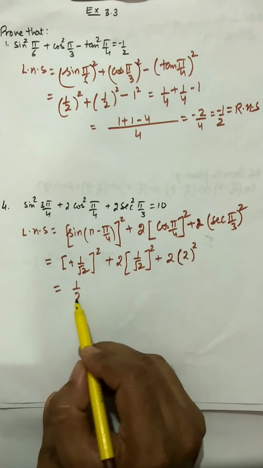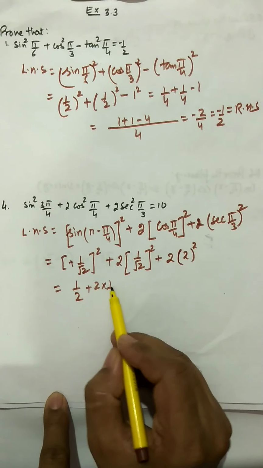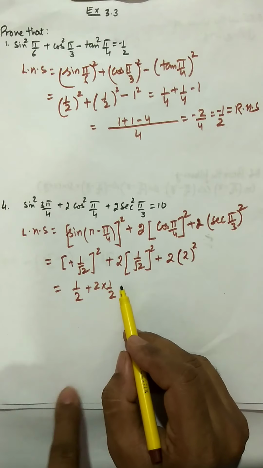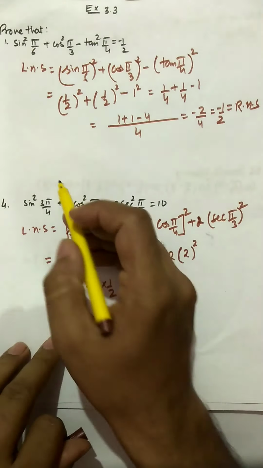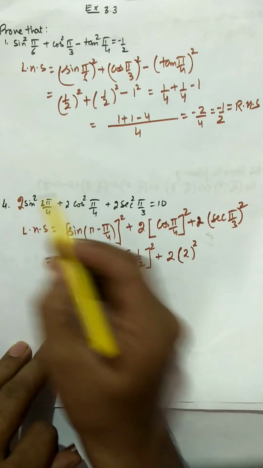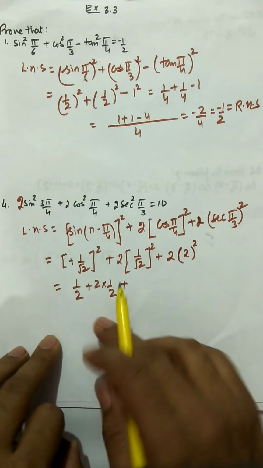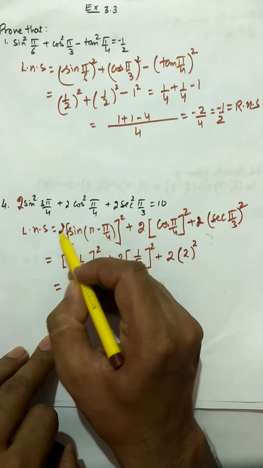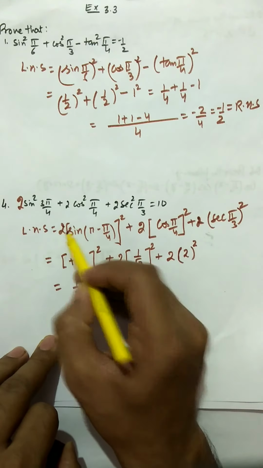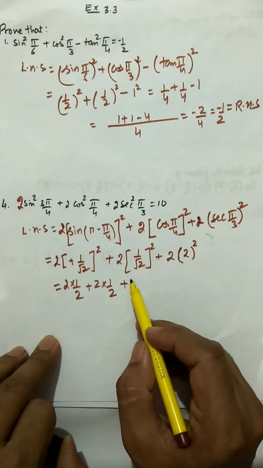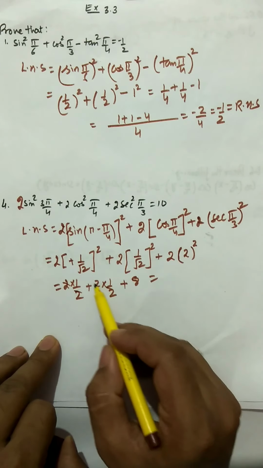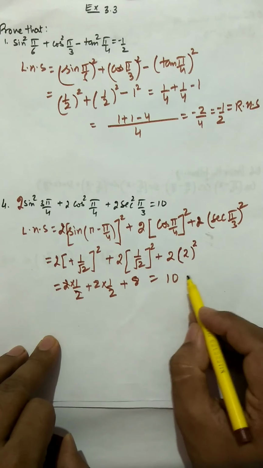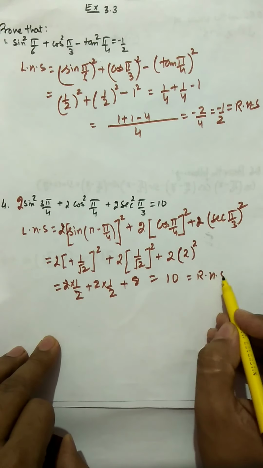This is 1 by 2, this is 2 into 1 by 2, and now we have this 2 also along with the sine square 3 pi by 4. So this is 2 into 1 by 2, and this is going to be 8. So ultimately this is 1, this is 1, so 1 plus 1 plus 8 is 10. This is equal to your RHS.